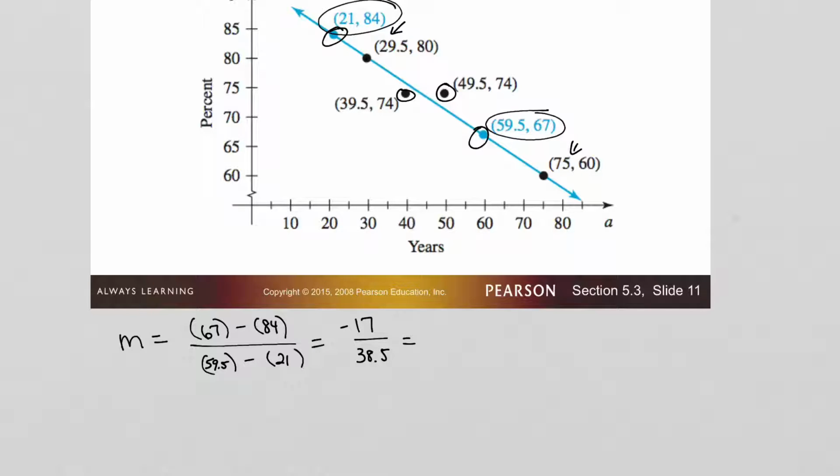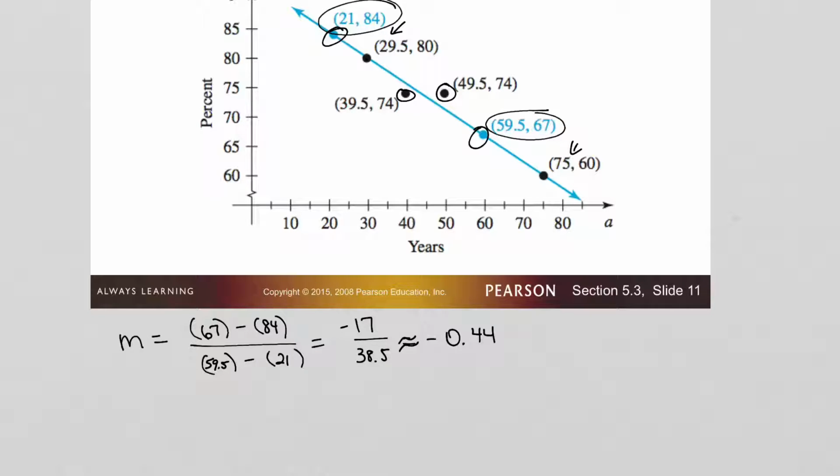Now, notice how you have a decimal within a fraction. A lot of times your calculators do not like that. So what you would need to do is simplify the numerator, simplify the denominator, and then at the very end, divide. So I'm typing in negative 17 divided by 38.5, and I get negative, and I am going to round here, so I'm going to give it 2 decimal places. So it's approximately. I'm going to change that equal to an approximate sign.